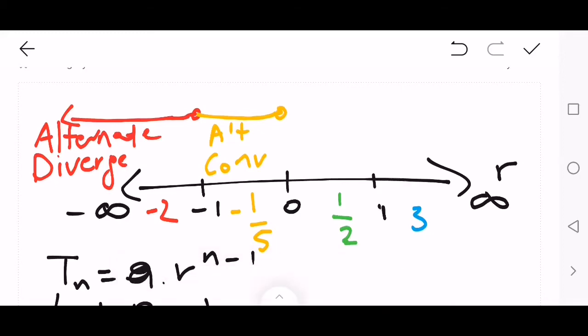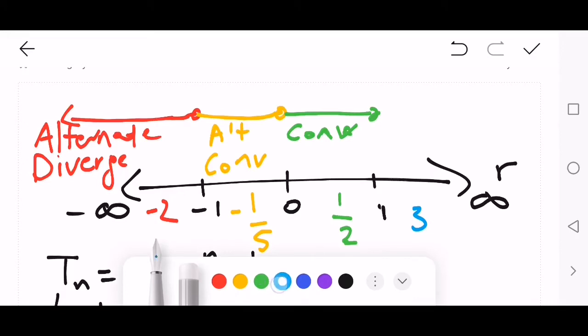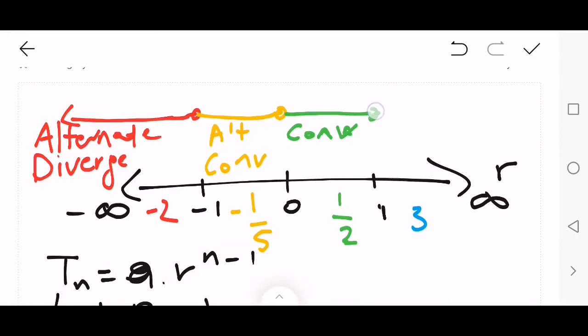And in this region, the sequence stays positive, above the zero line, and it only converges. And from here to positive infinity, the sequence diverges.